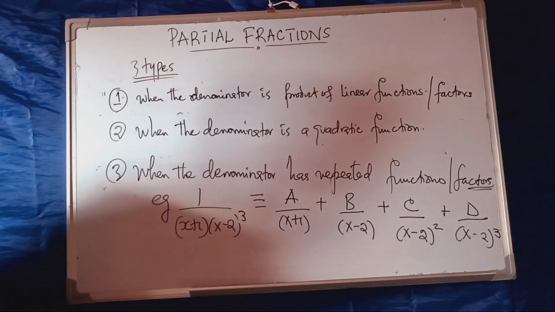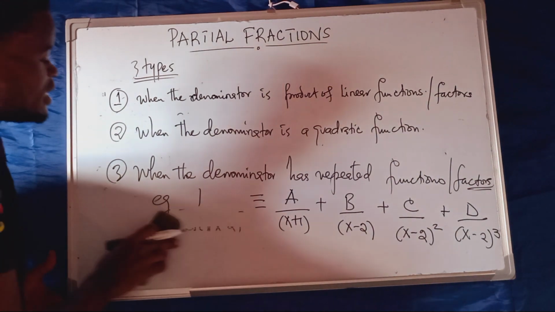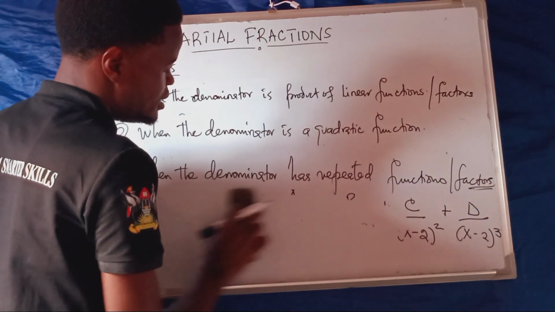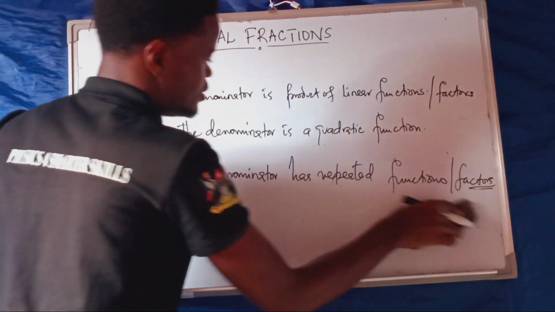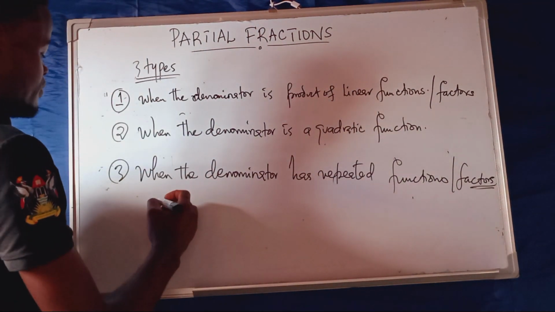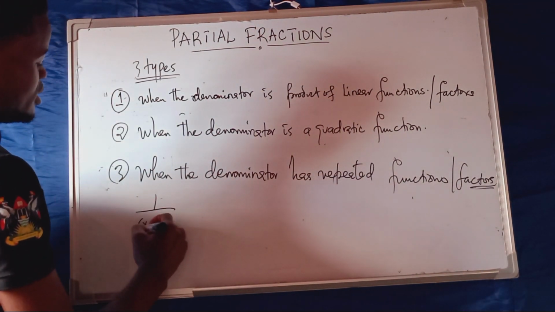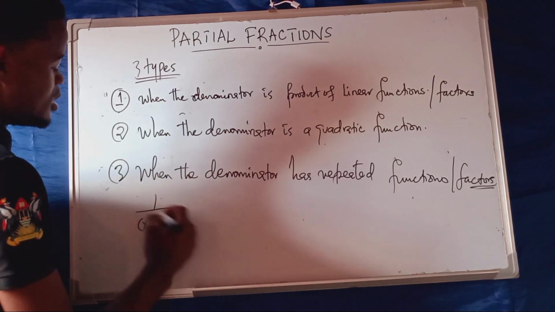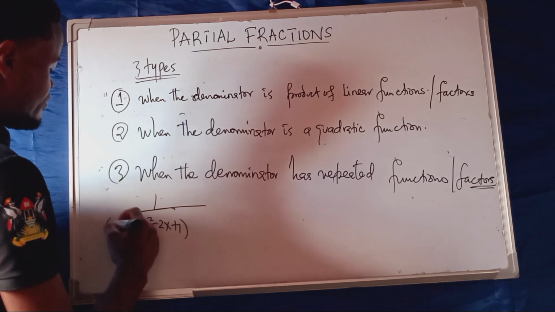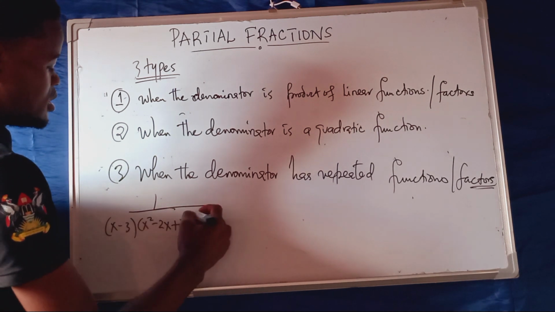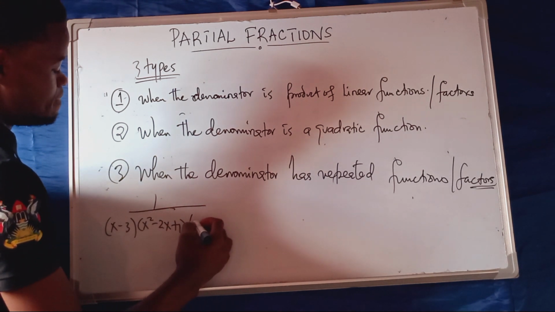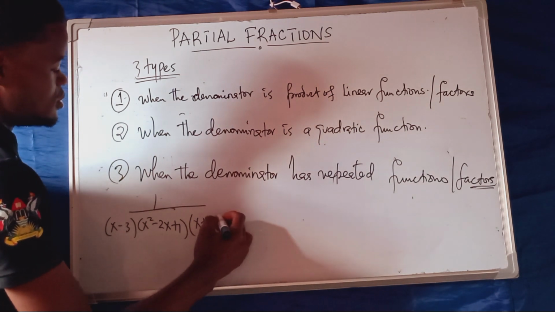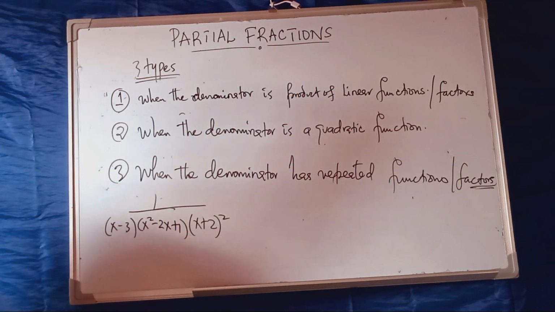So maybe I can give another example. If I have, say, x squared minus 2x plus 1, then I have x minus 3, I have x plus 2 squared.